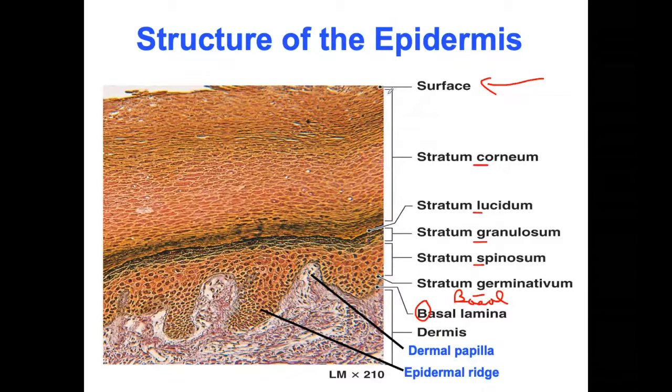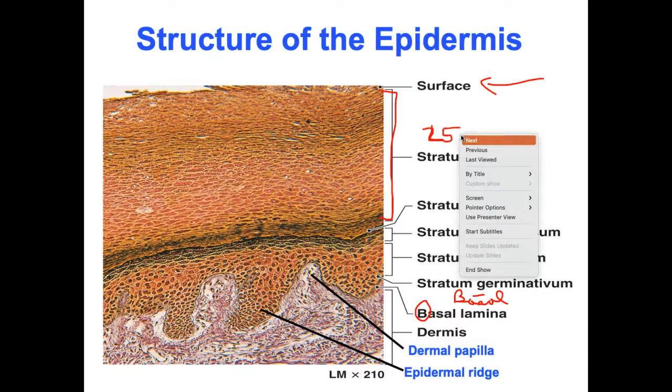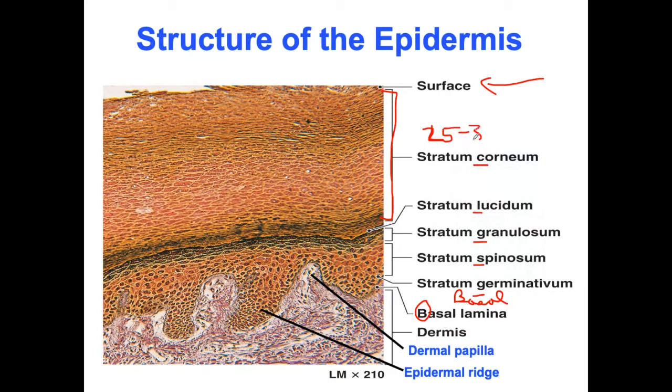So stratum corneum, if you look at this layer, it's like 25 to 30 layers of stratified squamous epithelium, right? So all this is epithelium, is stratified squamous epithelium.